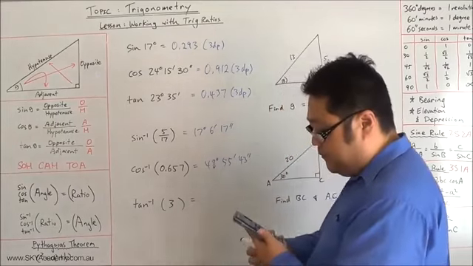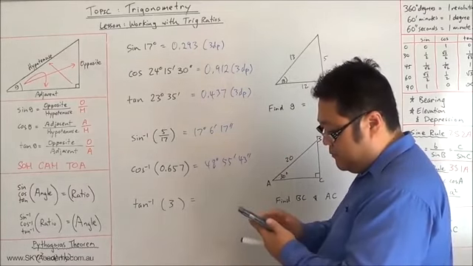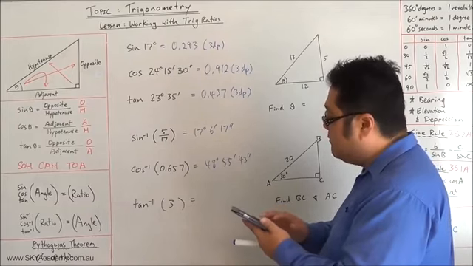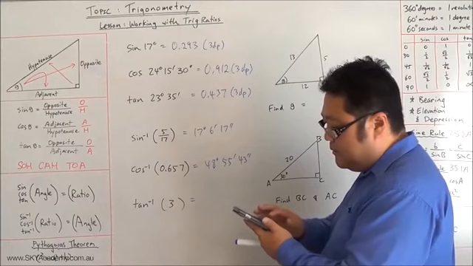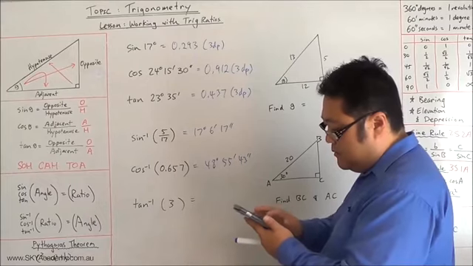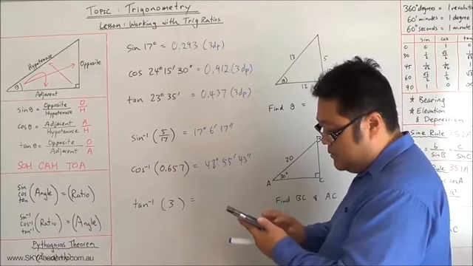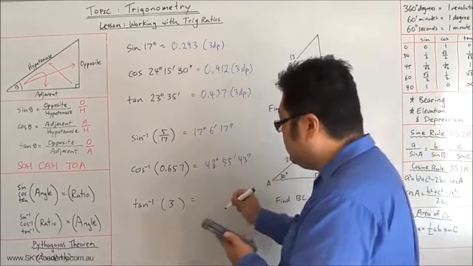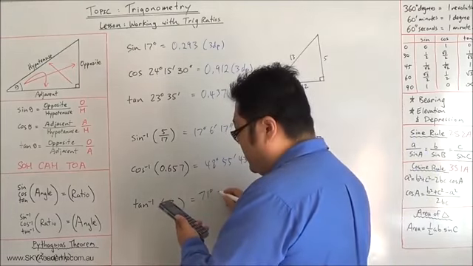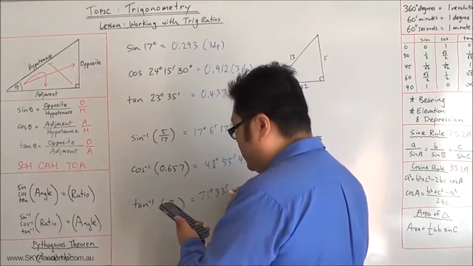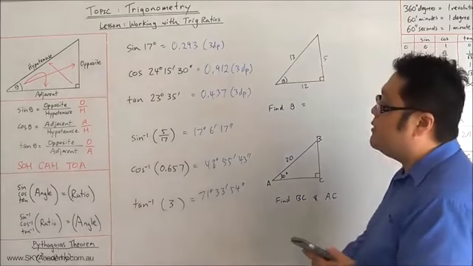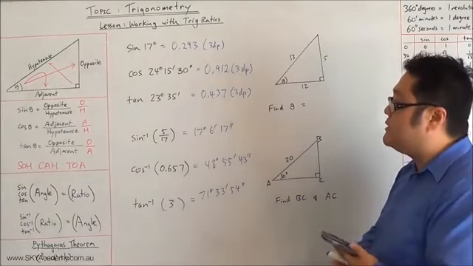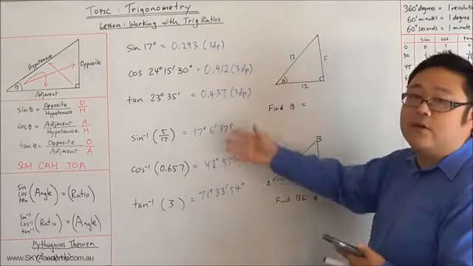And then the last one, which would be inverse tan of 3 close brackets, gives you 71 point something, which gives me an answer of 71 degrees, 33 minutes, and 54 seconds. Okay? So just check that you get similar answers for that. And that's how you do those sort of questions.